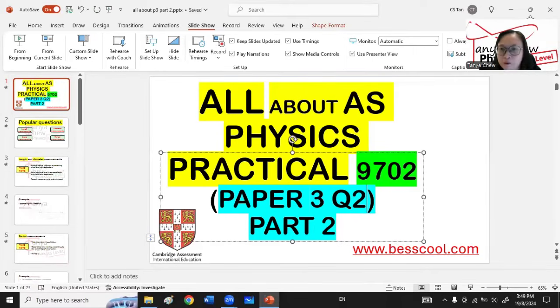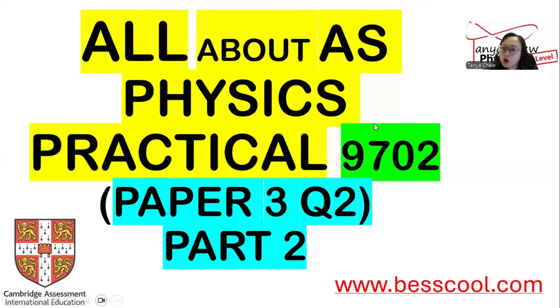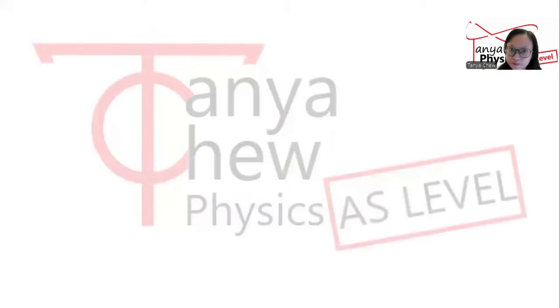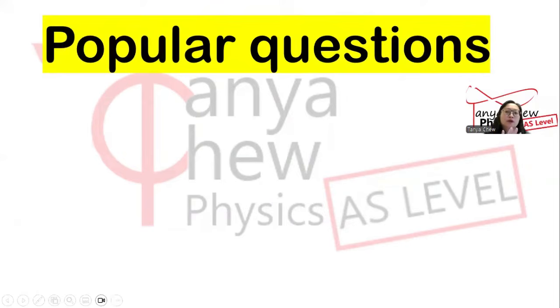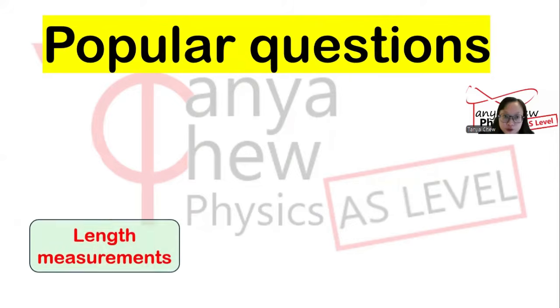In this video, I am going to continue to talk about AS Physics Practical, which is related to paper 3, question number 2. This is the second part of the AS Physics Practical. First of all, you have to understand the popular questions that always pop up in AS Physics Practical question number 2.